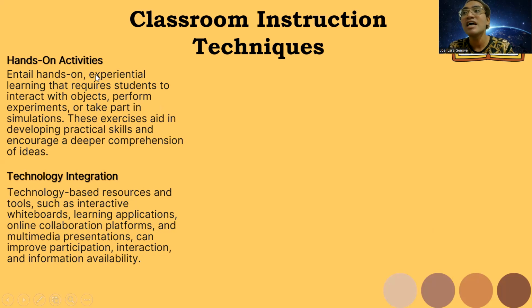Hands-on activities. If my topic talks about, say for example, I want to teach the body parts or the anatomy, perform an experiment, like you can have a play. If these are toddlers, you can make them work by team.